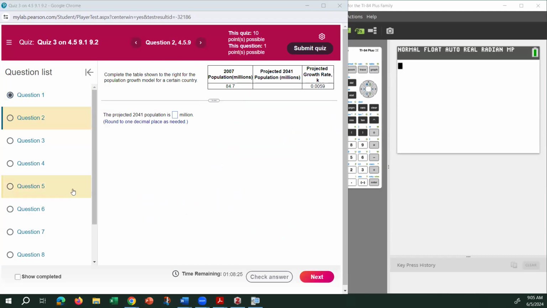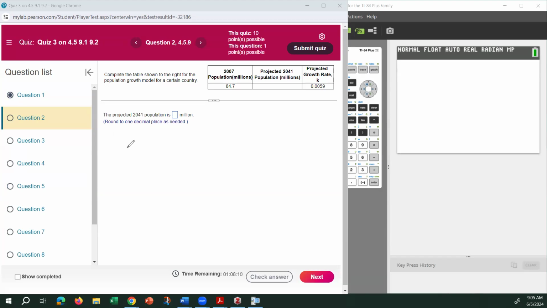Okay, the next question, complete the table shown to the right for the population growth for a certain country. The projected 2041 population is, we need to get that in millions. And so let's use the exponential growth model.